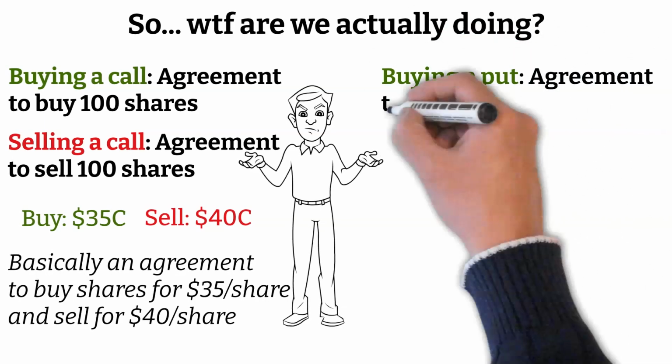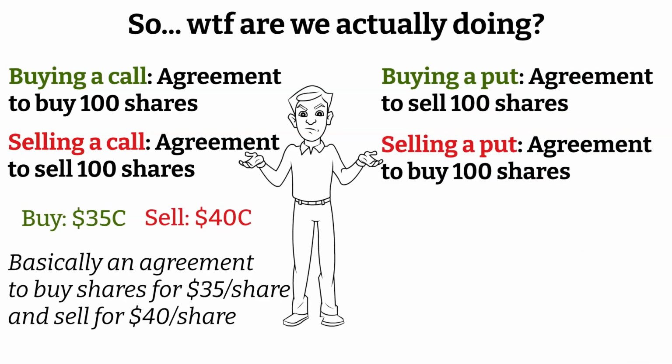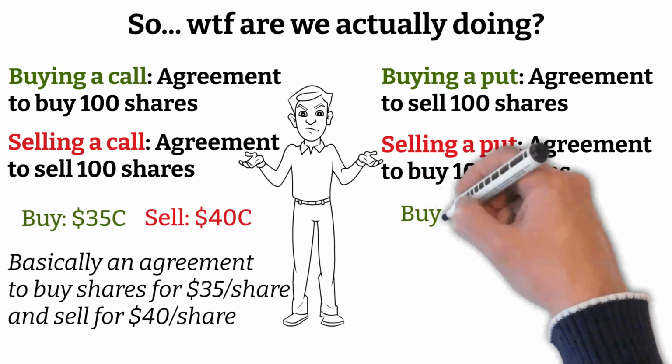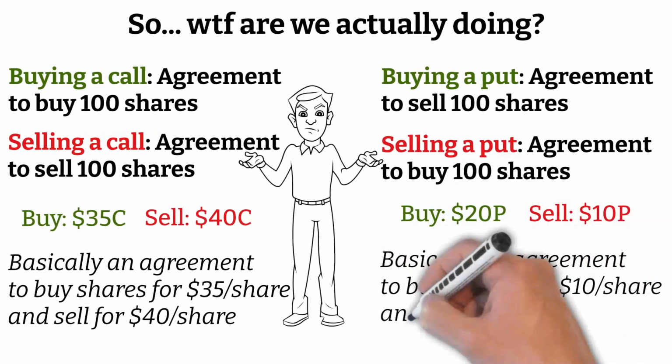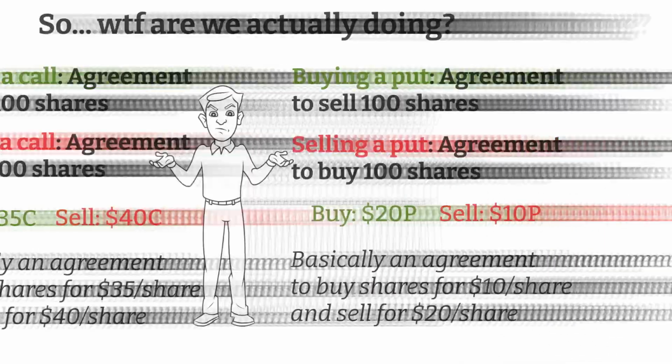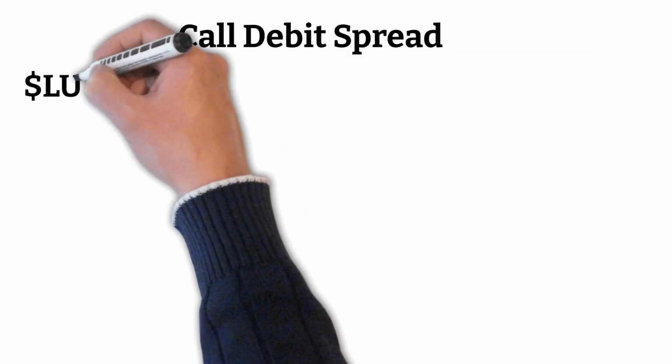Now for the puts. Remember, buying a put is an agreement to sell 100 shares at the strike price, while selling a put is an agreement to buy 100 shares at the strike price. So buying the $20 strike and selling the $10 strike would be the same as buying shares at $10 and selling them for $20.